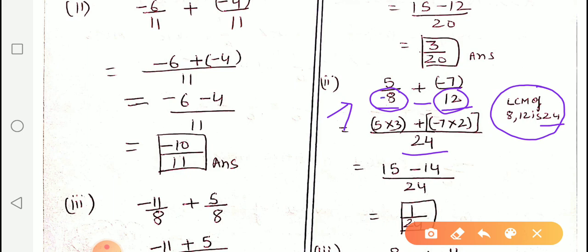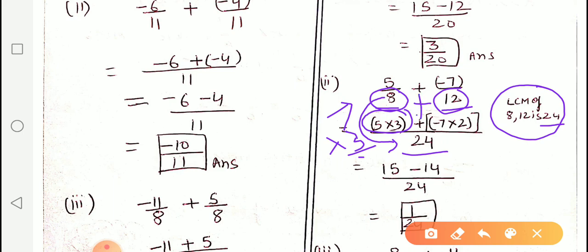We will see by which number we should multiply 8 so that we can get 24 as answer. So we will multiply 8 by 3. And this is the number. So we will multiply its numerator by the same number.